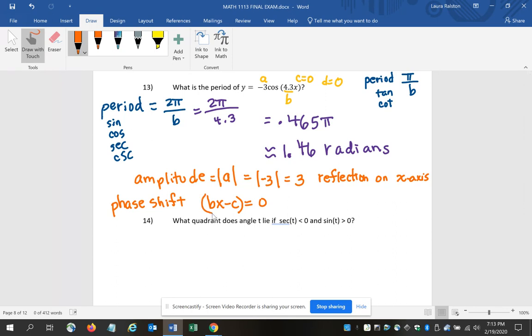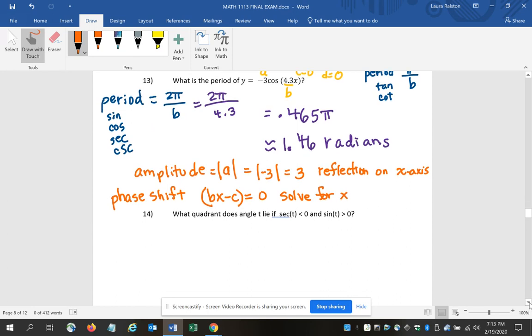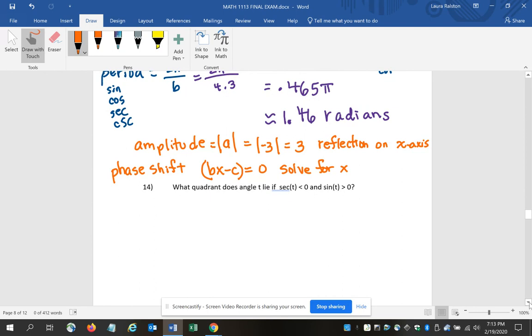Whatever that expression is, set it equal to 0 and solve for x. And that's how you find your phase shift. So again, you may want to have those formulas handy as you're preparing for the final exam. They may be on the formula sheet that's provided. I'll try to double check on that.